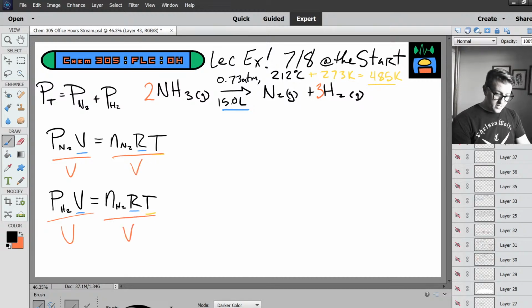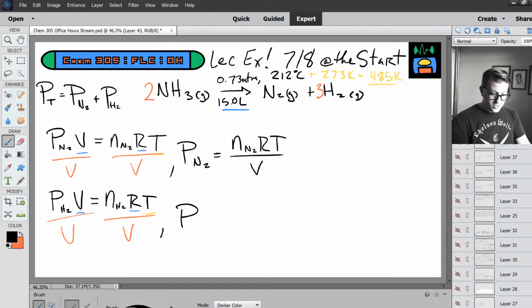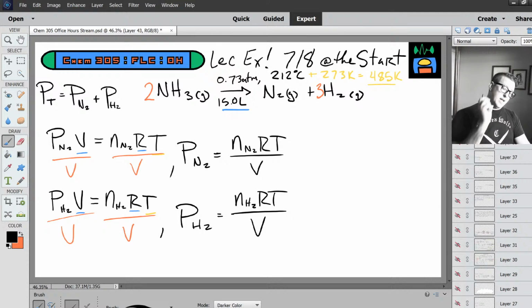So the pressure of N2 is equal to the moles of N2 times R times T over V, and the pressure of H2 is equal to moles of H2 RT over V. Now I'm going to do something that's a little, I don't know, like an algebraic massage.